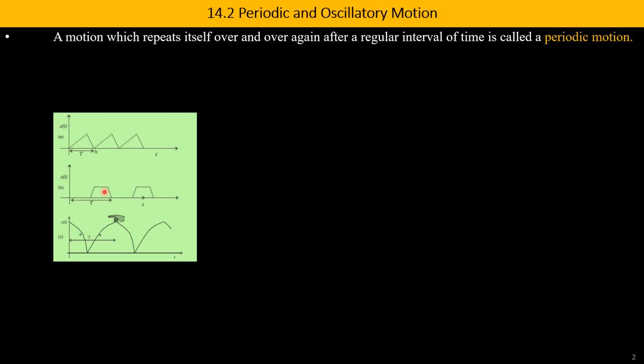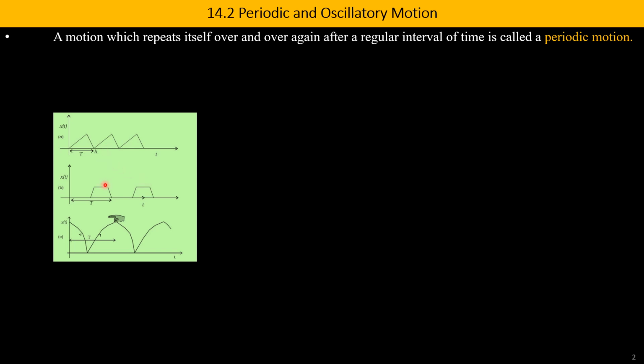Its height above the ground would look like that in figure B. The third example is that of a person playing the game of bouncing a ball off the ground between his palm and the ground, and its height versus time graph would look like figure C. Thus, a motion which repeats itself over and again after a regular interval of time is called a periodic motion.